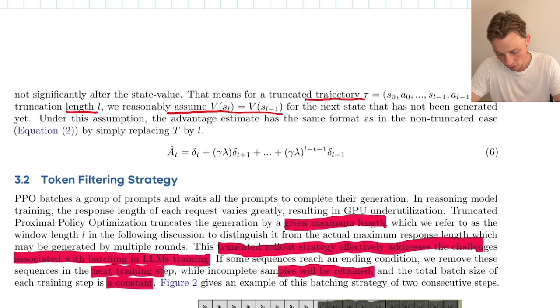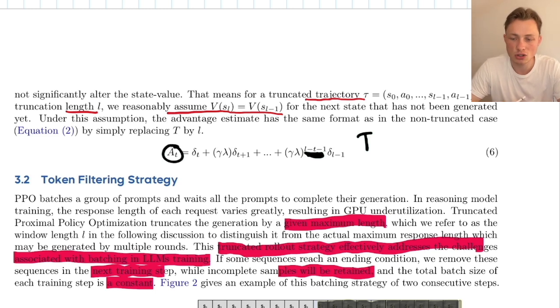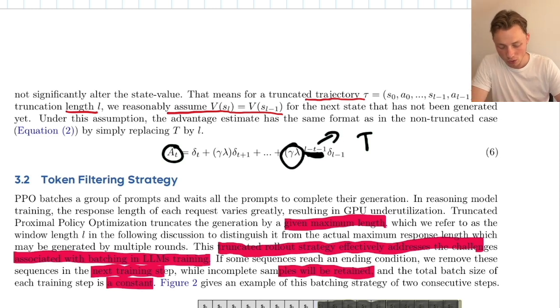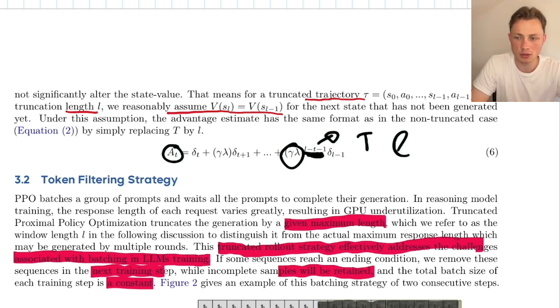And this is why they introduced the L instead of a T. So we use the advantage to calculate, given a state, how much better our steps were, but we are not looking completely into the future. We are not looking up to the end, because at the end the discount factor is also pretty high. We are using just L steps in front of us, and that's all we need to understand in order to understand why it's more efficient.